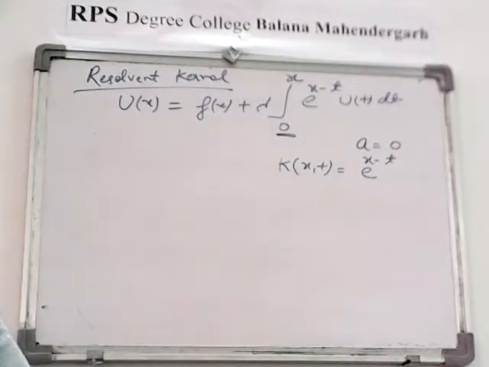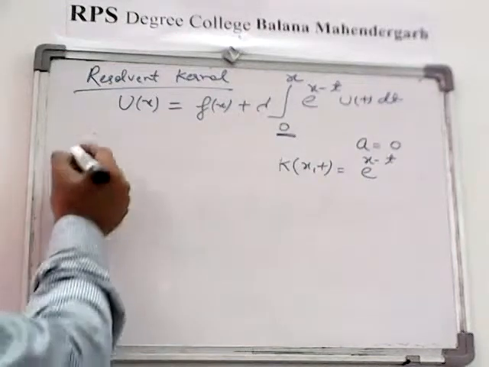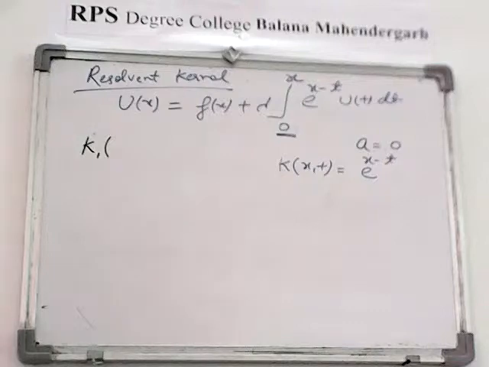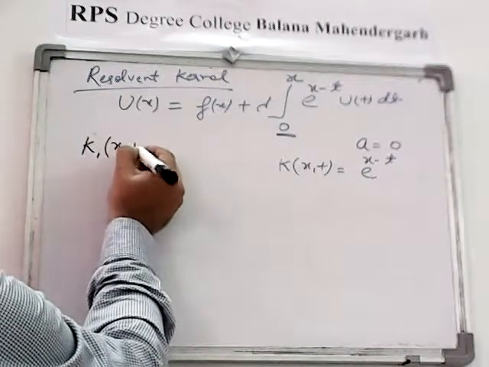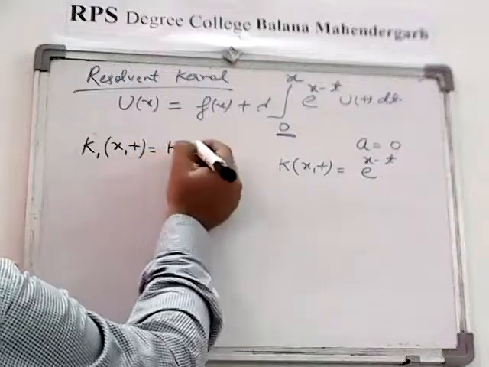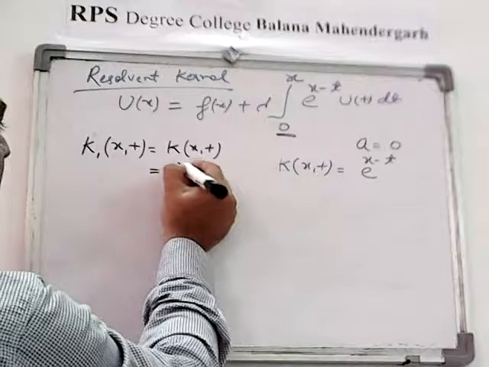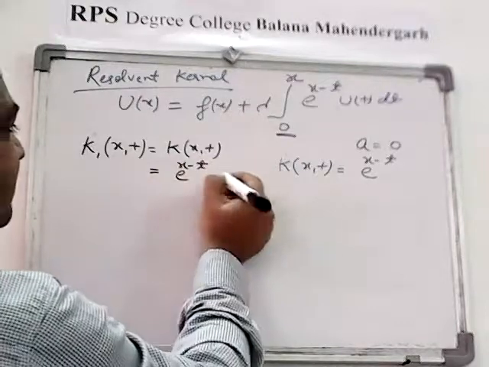So now we will try to find out the iterated kernel. According to the formula, K1(x, t) is equal to K(x, t), which is known to us, equal to e^(x-t).